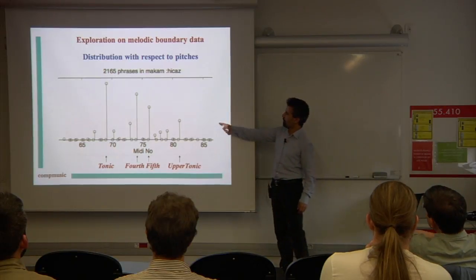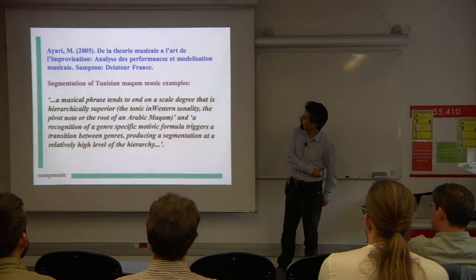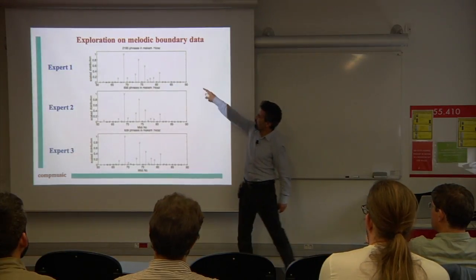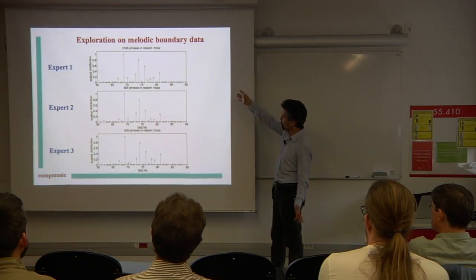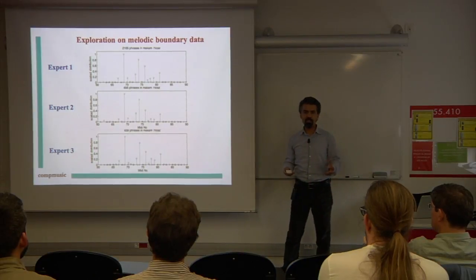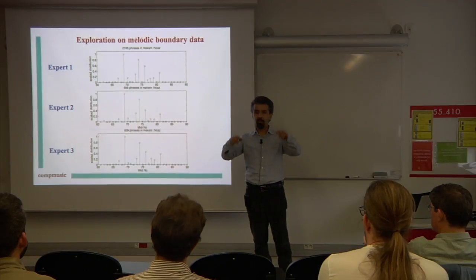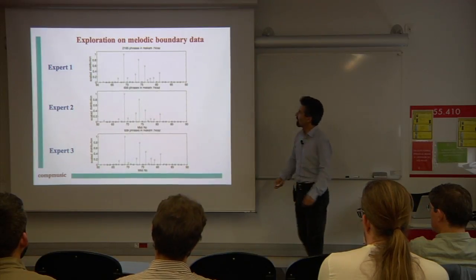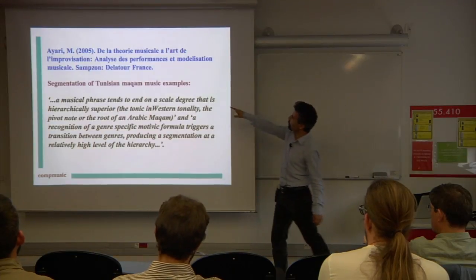This is from the first expert. But let's have a look at the other experts. If I look at the distributions from all 3 experts, they are very close. They have similar preference in choosing important notes of the scale as boundaries. This was mentioned in other contexts, in Tunisian Makam music.